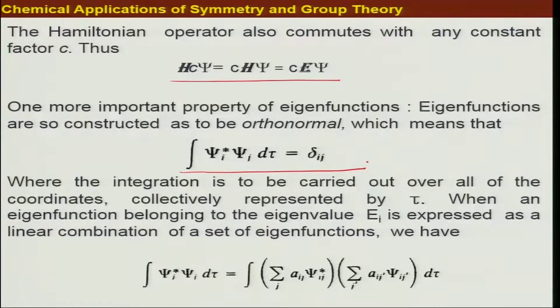If I take psi i and psi j and integrate over all the coordinates given by tau, then this integral will survive and give a value of 1 only when psi i is equal to psi j, that means i equals j, and it will be a delta function provided psi i and psi j are normalized.